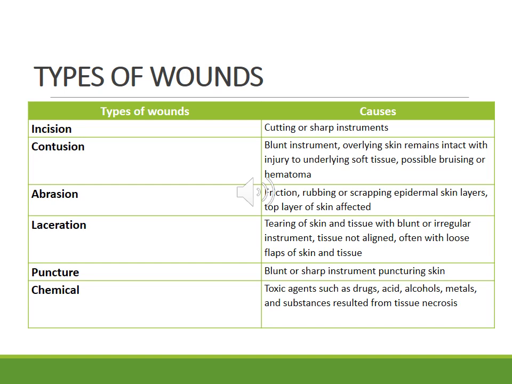And then a chemical. So there's very toxic agents out there, such as drugs and acids. And if that substance were to get on the tissue, a lot of times it will cause a burn or a disruption in the skin. And the next slide is just a few pictures to demonstrate these terms.